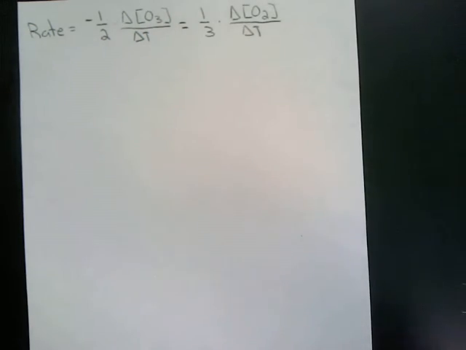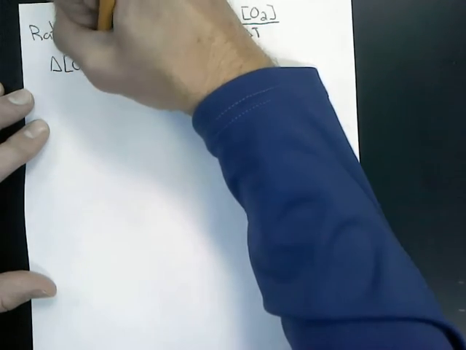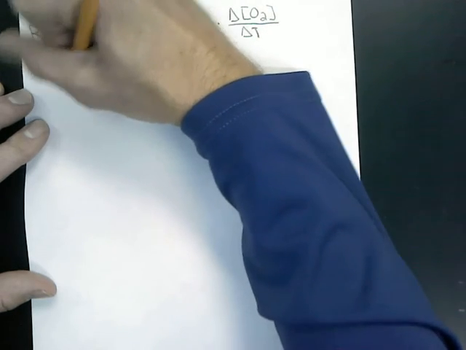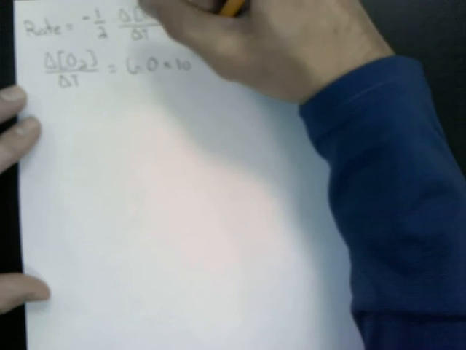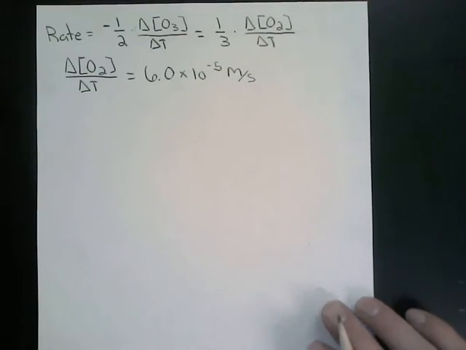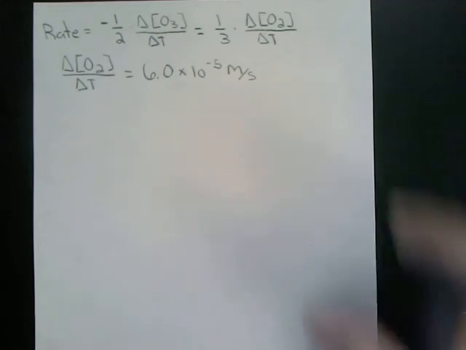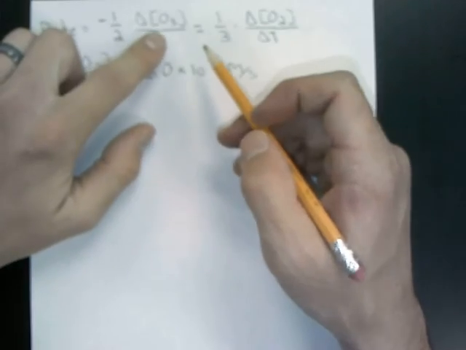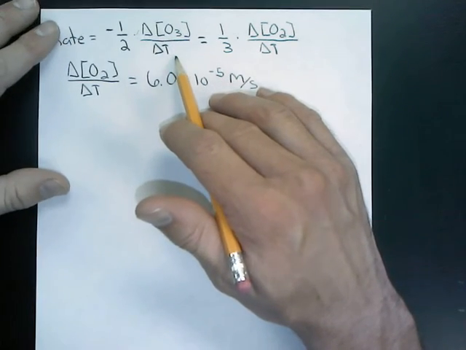And we just said that the change in O2 concentration over the change in time is equal to 6.0 times 10 to the negative fifth molarity per second. So we're going to put all of this into one problem. Our whole goal is to find out, what is the change of concentration of O3 per change in time?